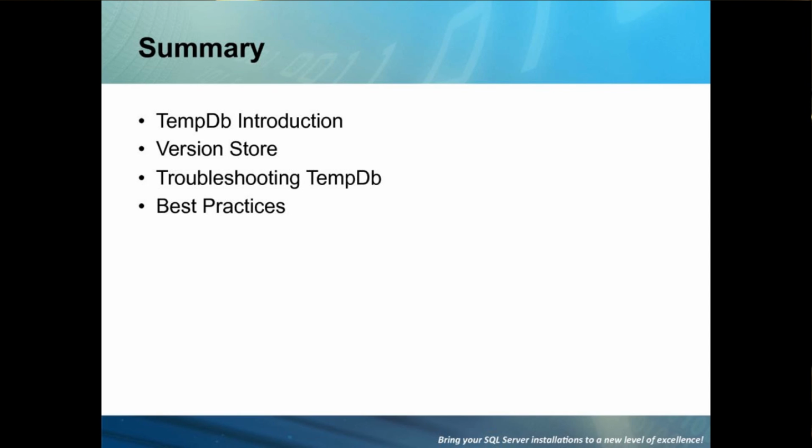To overcome latch contention, we just have to apply multiple data files for TempDb, and we also have to make sure that SQL Server is able to cache our temp table. As you have seen, we went down from a query execution time of 57 seconds down to around 20 seconds just by reconfiguring TempDb and making one simple change.